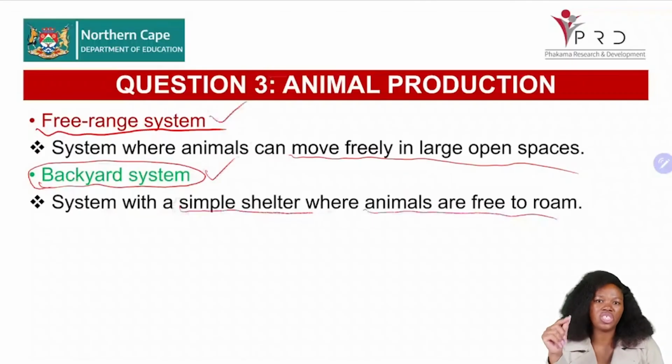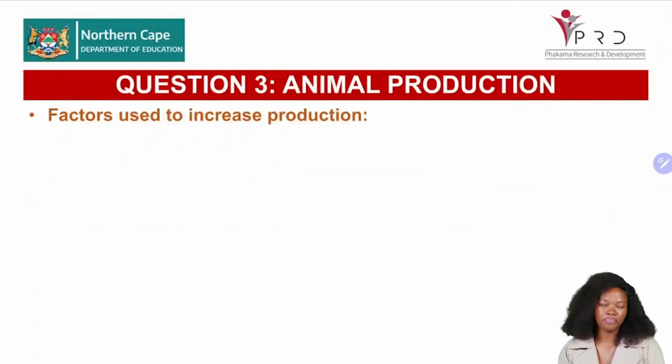But the disadvantages of using these two systems, it is that animals are exposed to predators, exposed to extreme weather conditions, and it may also lead to underfeeding, where animals receive less nutrients, right? So these are the advantages and disadvantages of practicing the free range system and the backyard system under the intensive production system.